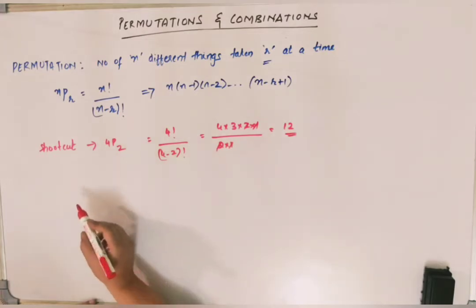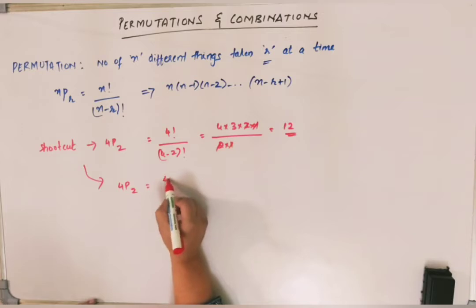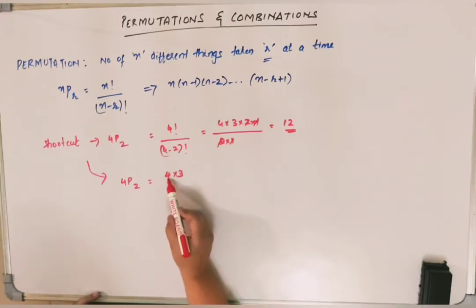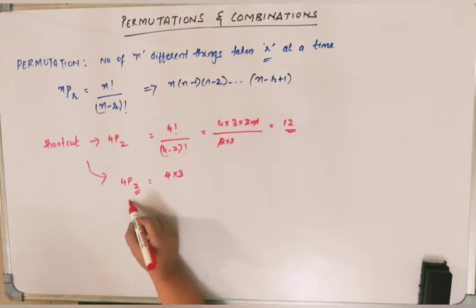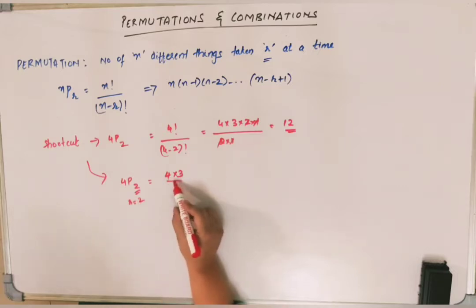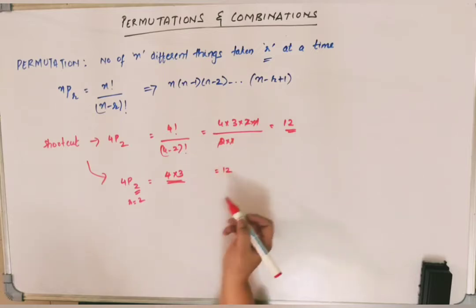Now there is a shortcut. I can write 4P2 directly as 4 into 3. I start from 4 and write 2 terms, because here r is equal to 2. The next reducing term is 3, so I take 2 factors basically. So you get 4 into 3 is 12. So directly you can arrive at the answer.